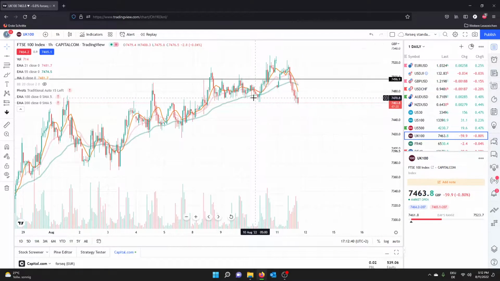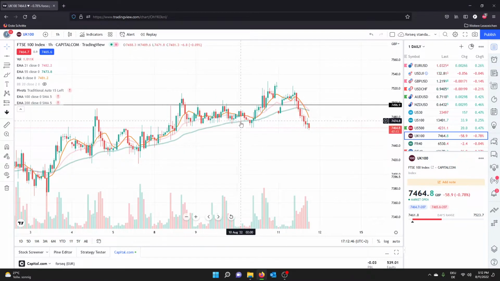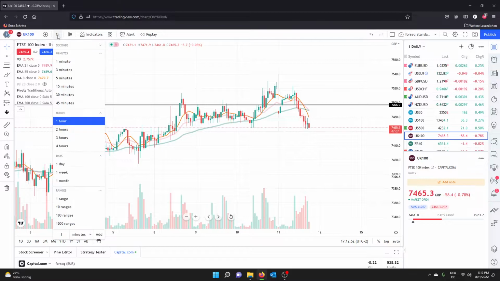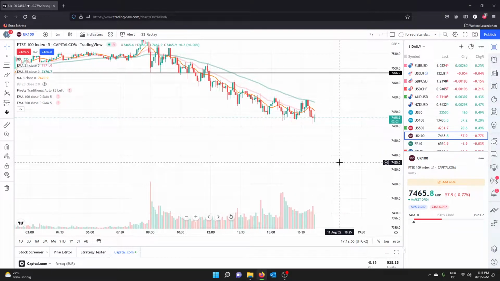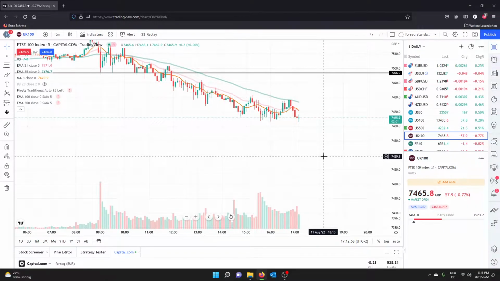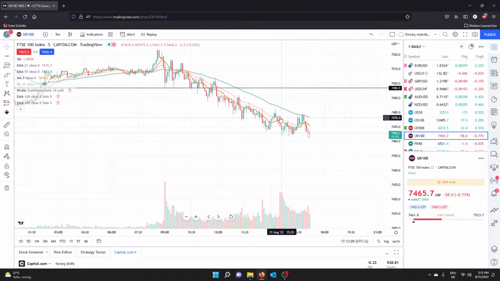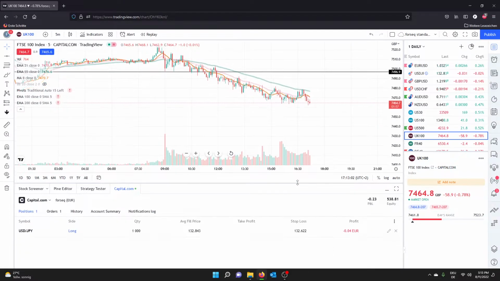Maybe if the price breaks this area here, what it actually did, as I see here, it corrected back, and now I think the prices could go down even further. Yeah, maybe we can make a short trade here a little later.